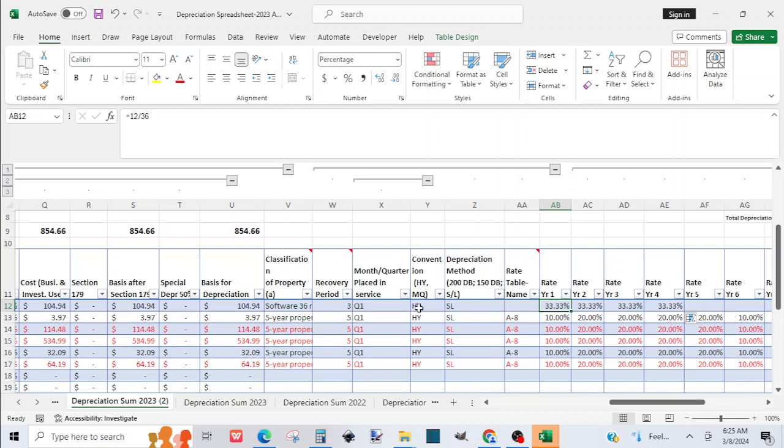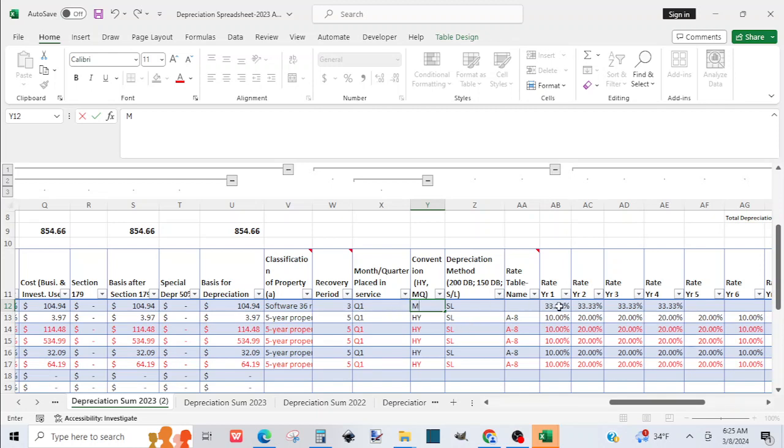But the best way to do this one, because it's not going to go on the line that the others will go on the depreciation form, the best way to do this one will be to just use the monthly or full month convention. Use that 36 months and use it from January all the way to December, which is 12.